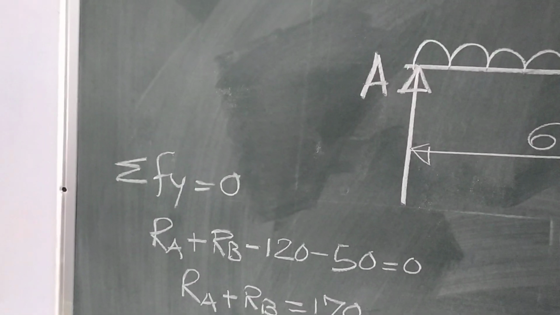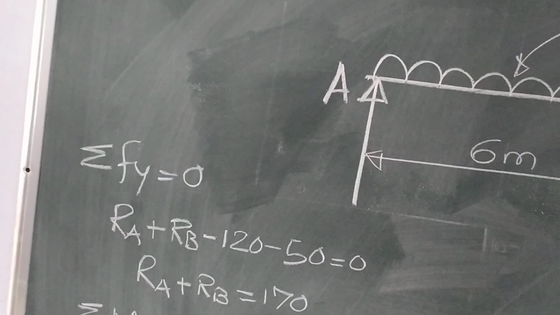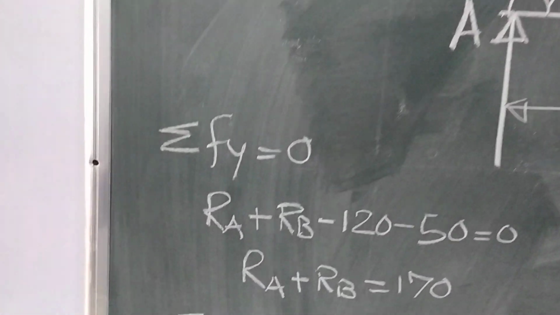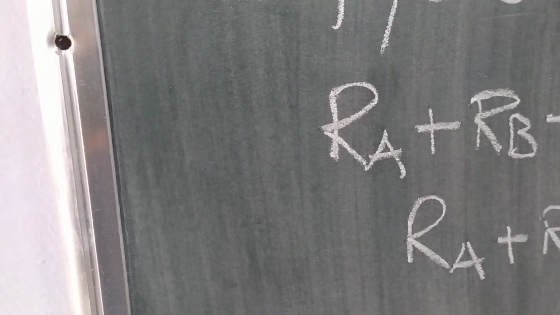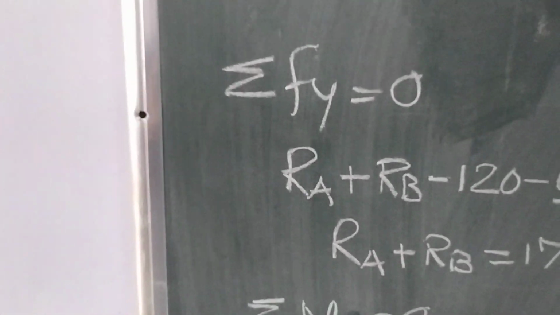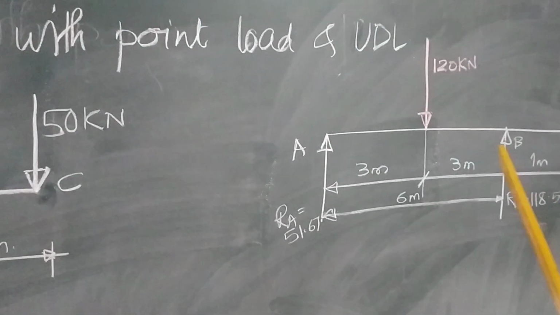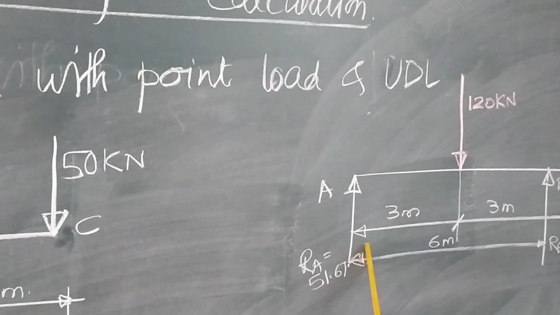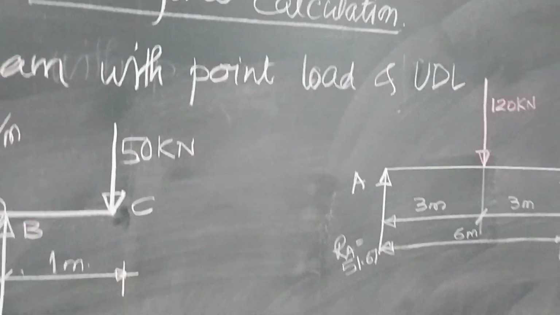Now applying the second condition, summation of moment about A equal to 0. See here, 120 into 3 minus 6 into Rb plus 50 into 7.